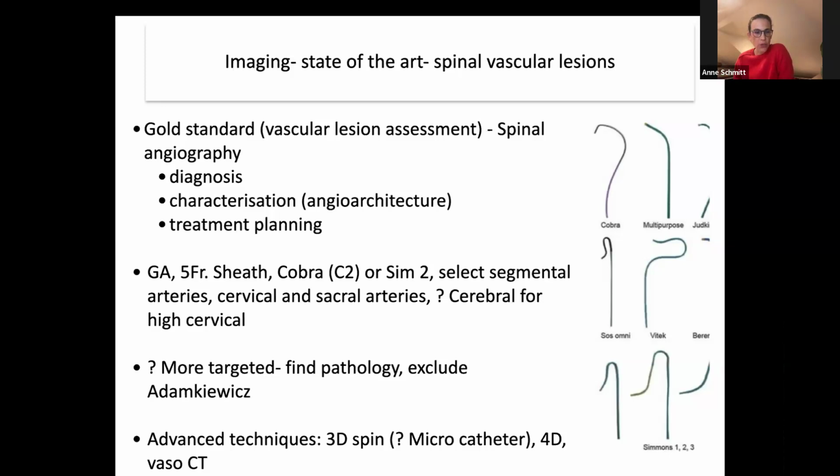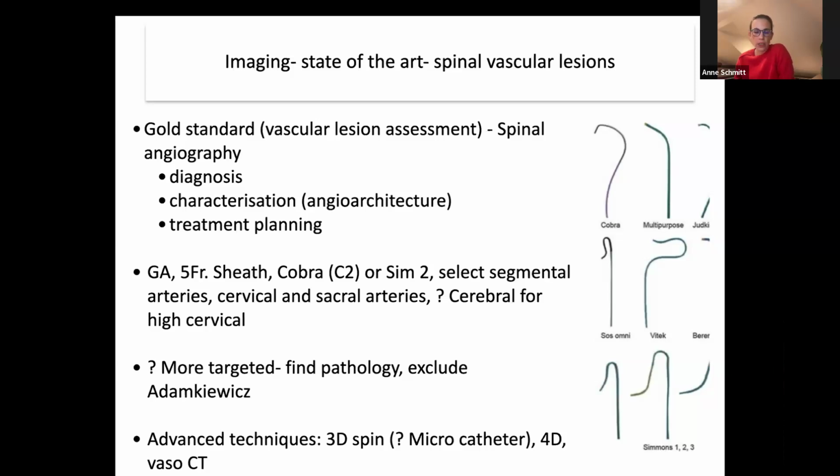Another technique that we use for DSA, or other imaging modalities that we could use, is a 3D spin. We can also often do microcatheter angiograms, which allow us to select the segmental arteries a bit better, maybe taking our microcatheter a little bit further just to assess the angioarchitecture in more detail.